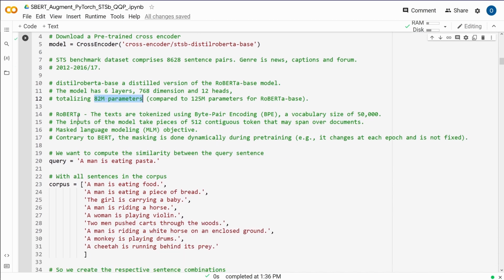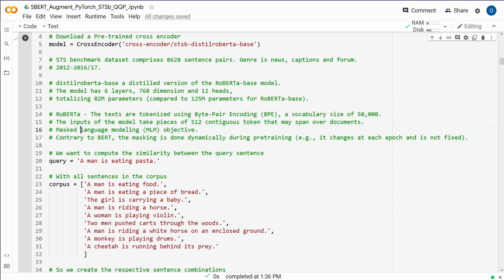Now remember, RoBERTa uses a text tokenizer, here byte pair encoding. I have my own video on this. The vocabulary size is 50K, and the input is taken in pieces of 512 contiguous tokens that may span over documents.